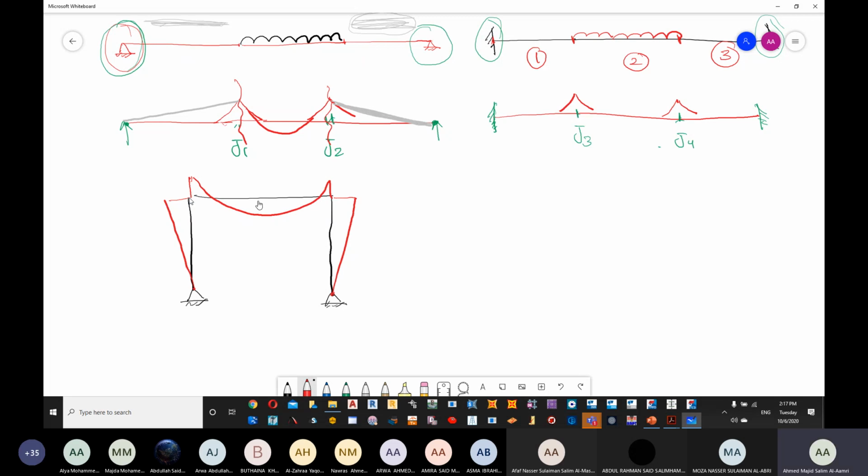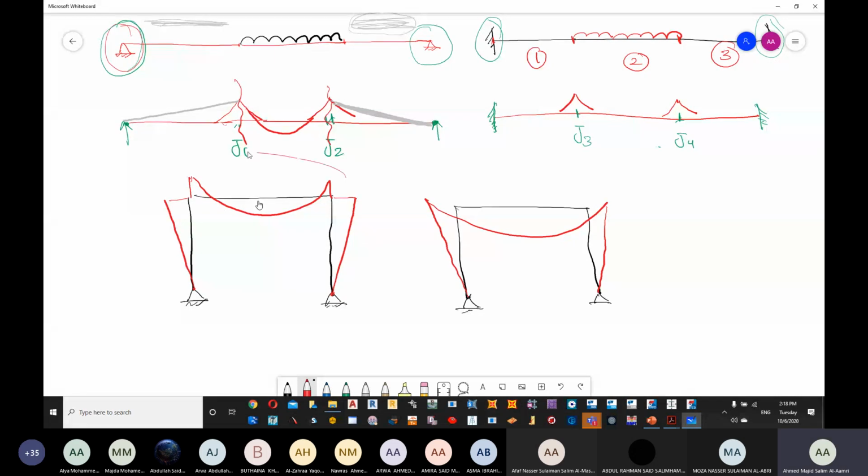In software, this is just an approximation. When you see it in software and how we draw it in reality, it is going to be this way. Are we fine?